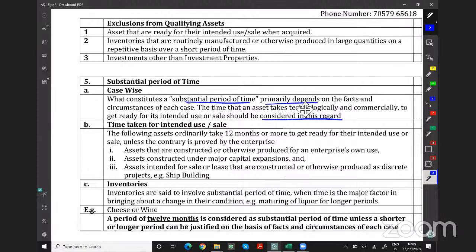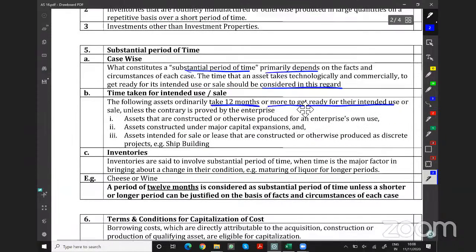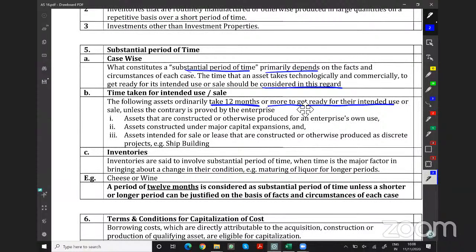So time taken for its intended use or sale means what? The following assets ordinarily take 12 months or more to get ready for their intended use or sale unless contrary is proven by the enterprise. Assets that are constructed or otherwise produced for the entity's own purpose.